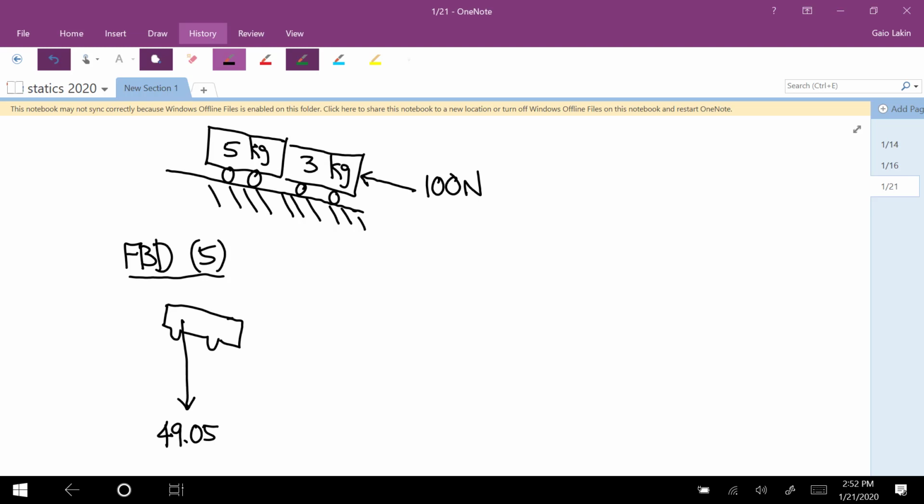Where would those be? There's a normal force, yep. And whoops, you want to make it clear in your free body diagram when vectors are not parallel or perpendicular to each other. You should be able to tell from looking at the free body diagram whether they're parallel or whether they're perpendicular or neither. Okay, so I'll call this N5.